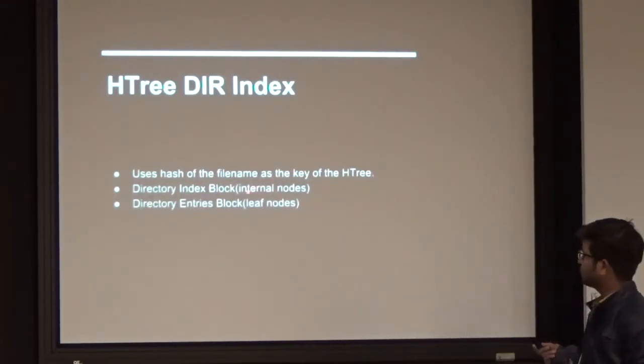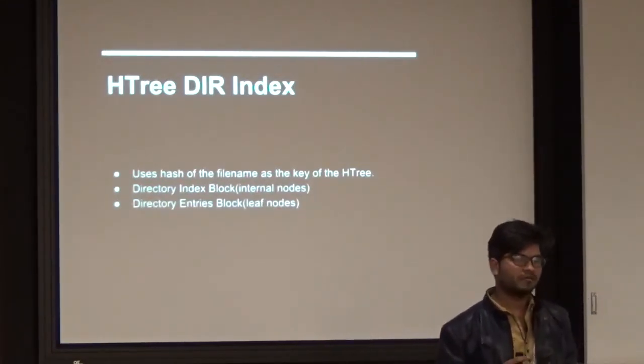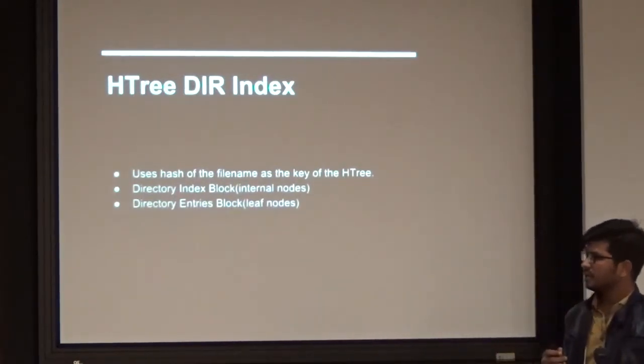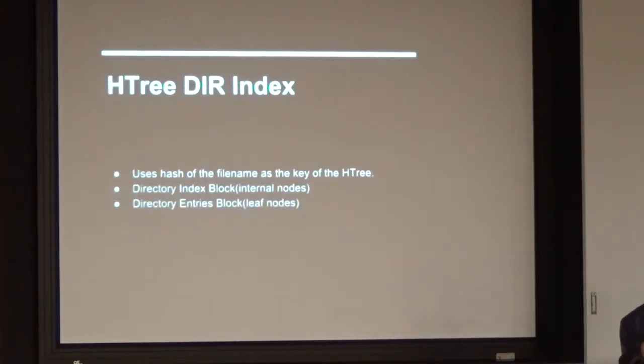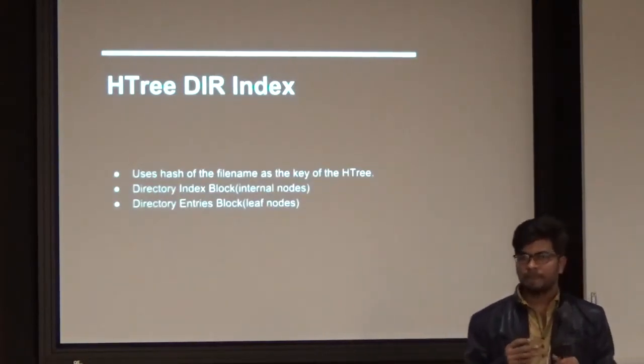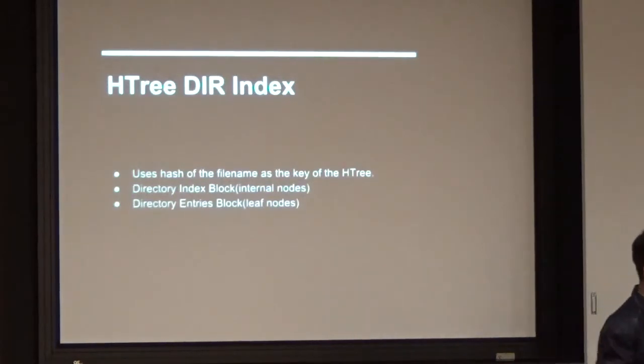Because the file can be of variable length, and the file name can be of variable length, each node will have different memory. So because of that, we can't have uniform memory for all the nodes, and that is why Ext2FS uses a linked list.